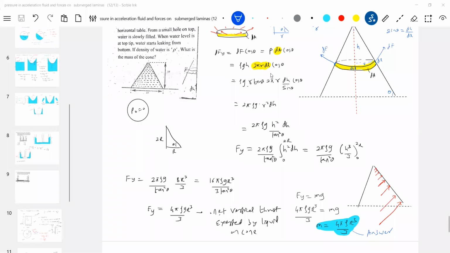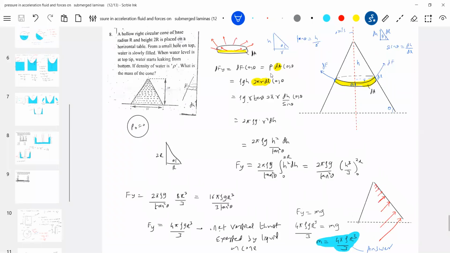I just neglected atmosphere, not because of the small hole; even with a small hole or a big hole, atmosphere should be there. For our calculation purpose, we'll make P naught equal to 0, because when you write this pressure, it will be P naught plus rho g h, and calculations will become lengthier. Even the atmosphere will also exert force, and they'll be nullified.